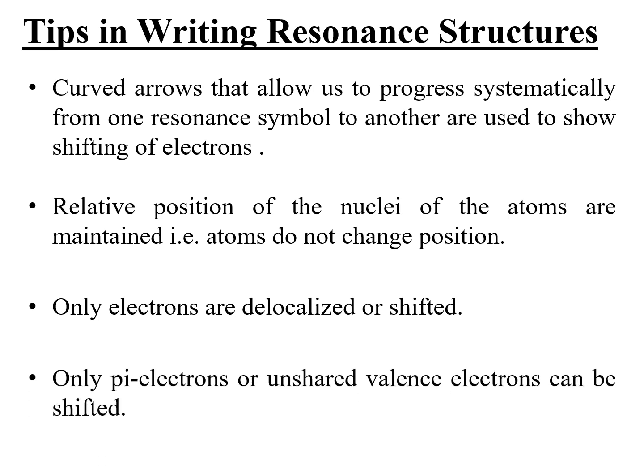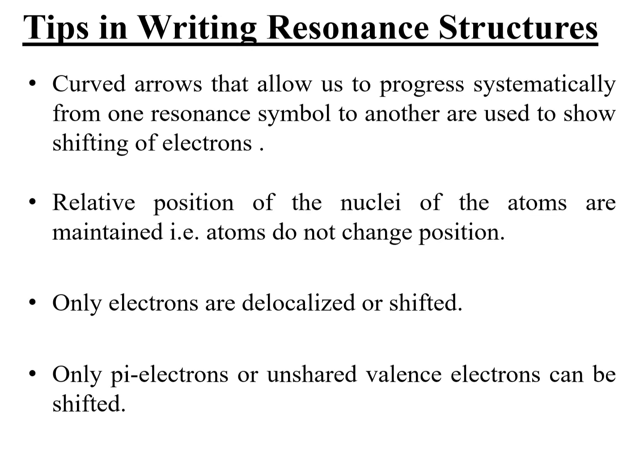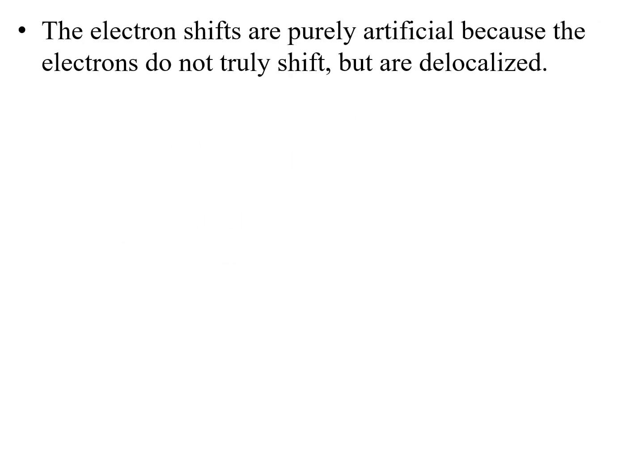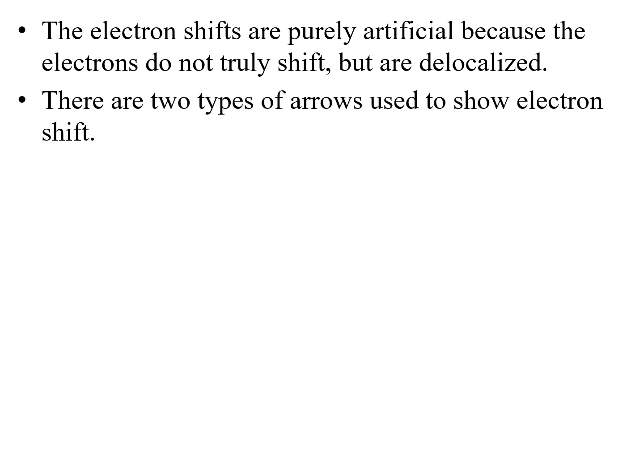And pi electrons or unshared valence electrons can also be shifted, not just on unsaturation. Unshared electrons can also be delocalized. The electrons moving is just an artificial thing, because electrons don't shift, they are just delocalized. You don't shift electrons, you delocalize electrons. So the issue of shifting is purely artificial.